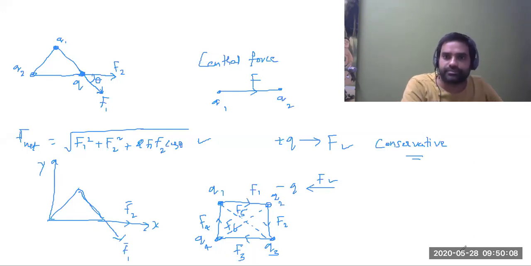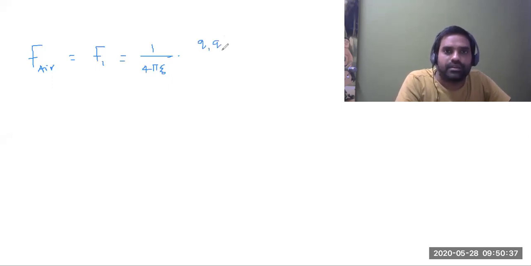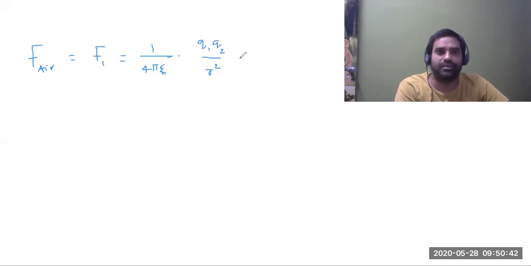Now I am taking one small application, students. Concentrate carefully, this will be helpful for problem solving. F in air, I'm taking it as F1, is equal to 1 by 4 pi epsilon naught into Q1 Q2 by R squared, between two point charges.